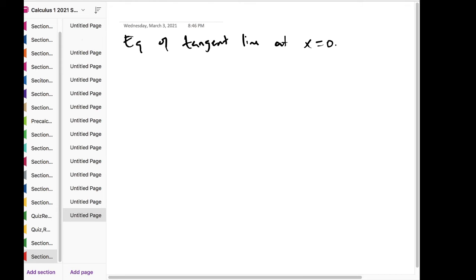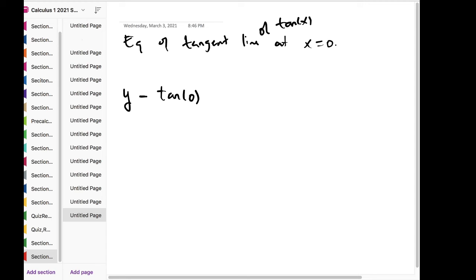Okay, so I'm not going to draw anything. Let's just fill in the dots. So what is a point of tangent of x? What's the point I can use? Origin, right? Because tangent of 0 is 0.